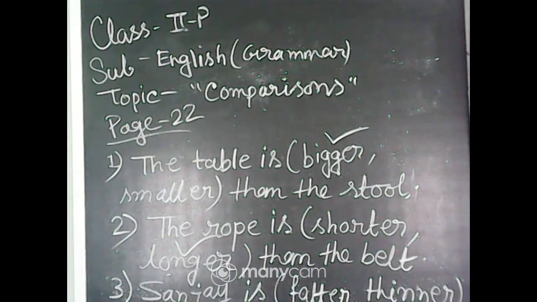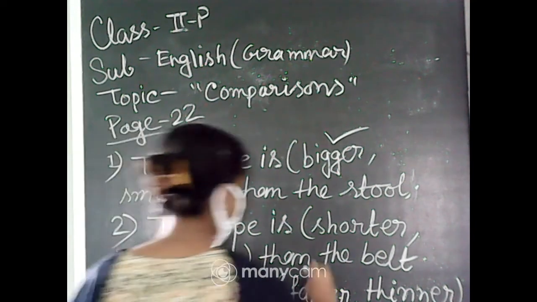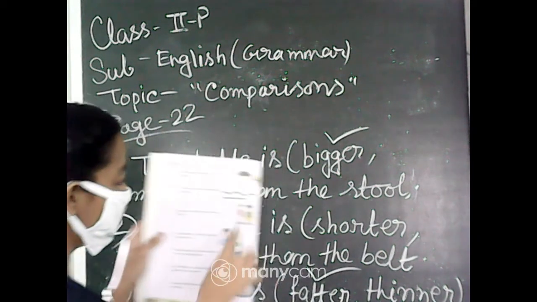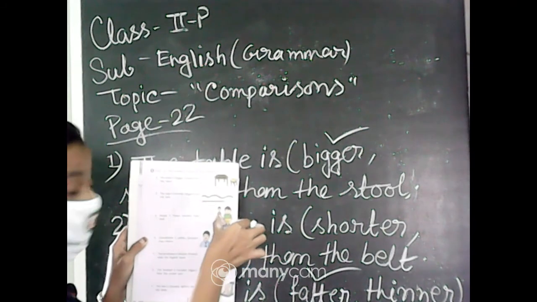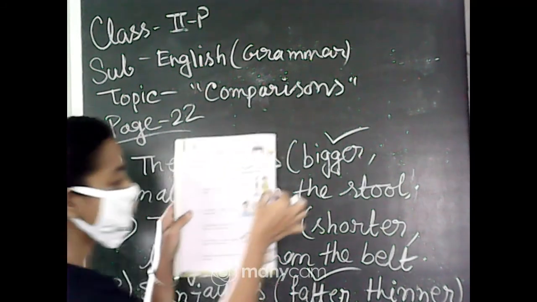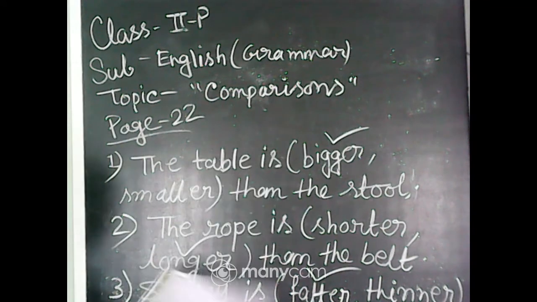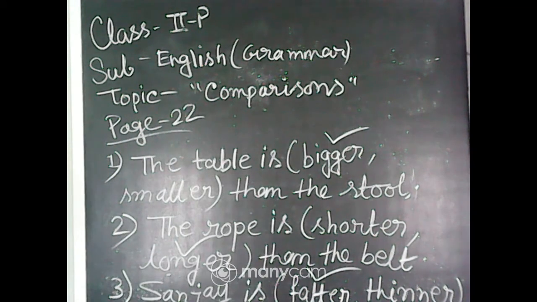Sanjay is fatter or thinner? What we can see in the picture? Yes, fatter. We can see in the picture that Sanjay is fatter than Anil. Sanjay is fatter. Okay, I am erasing now. Up to this completed, I am erasing now.